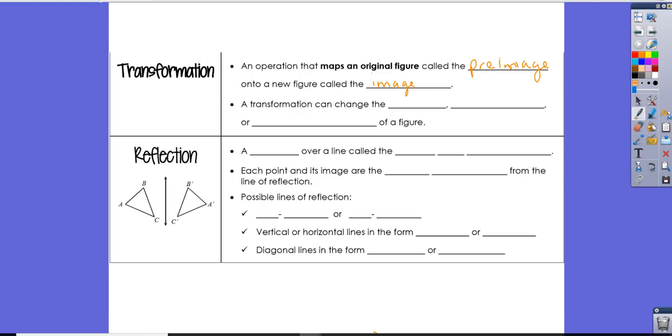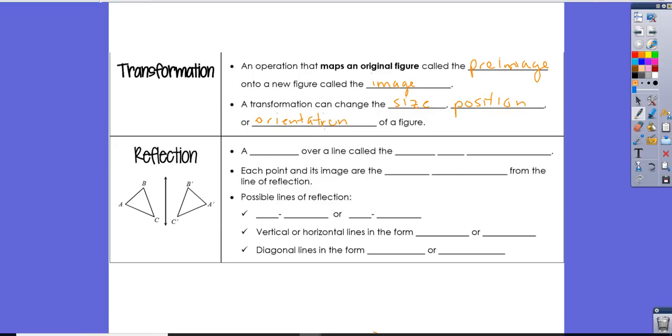A transformation can change the size, position, or orientation. Orientation is just a fancy way of saying which way a figure is pointing.